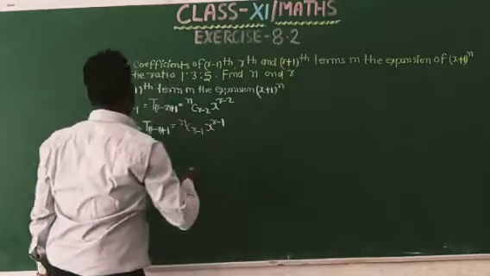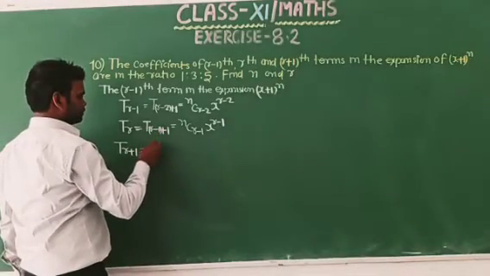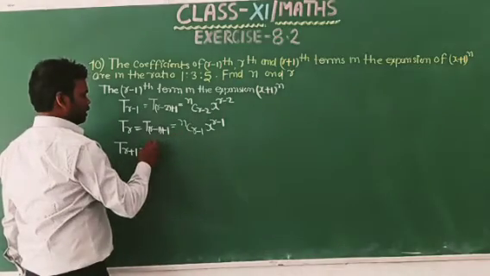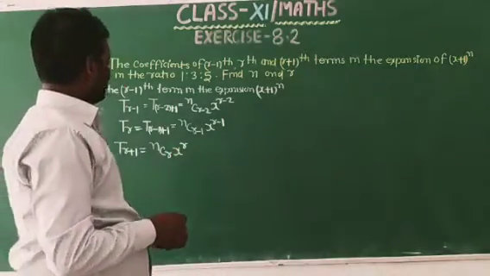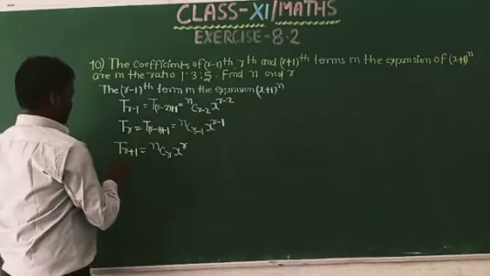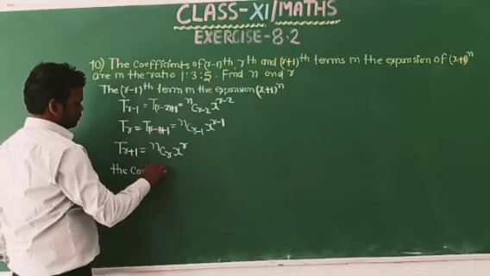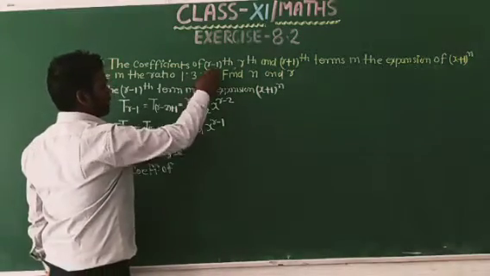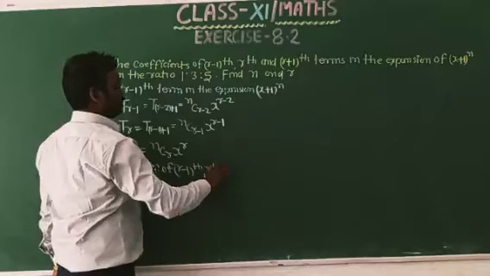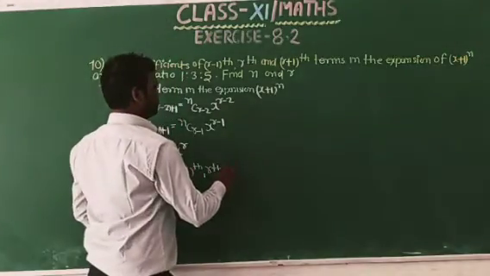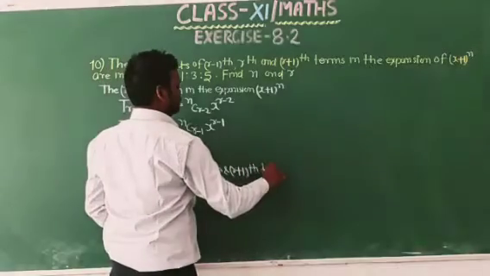And the (r plus 1)th term, t(r plus 1), is equal to nC r and x to the power r.